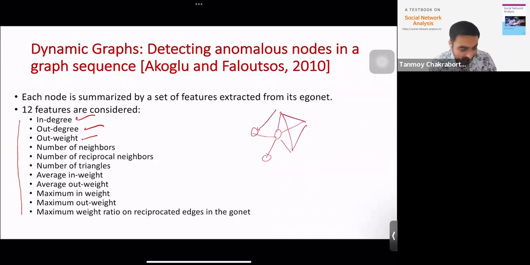Then you extract in degree, out degree, total in degree, total out degree of this ego net, out weight, meaning the weight of the outward edges, number of neighbors, number of reciprocal neighbors, number of triangles, minimum weight, maximum weight, and so on. These are all egocentric features.